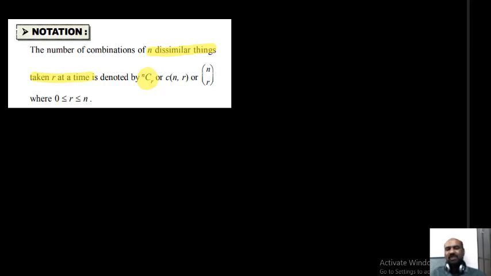All these give the same meaning. In permutation they write P(n, r). So here C(n, r) and nCr, all give the same meaning. So what is r? r may be 0, or greater than 0 and equal to n, or less than n. So that is an important thing.